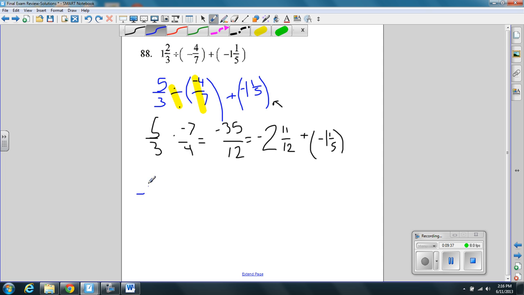All right, here we go. So negative 2 and 11/12 and negative 1 and 1/5 share a denominator of 60. So we are going to rewrite this using 60 as our denominator.